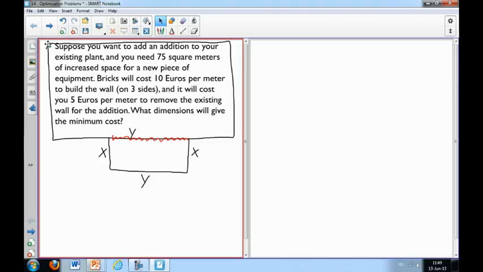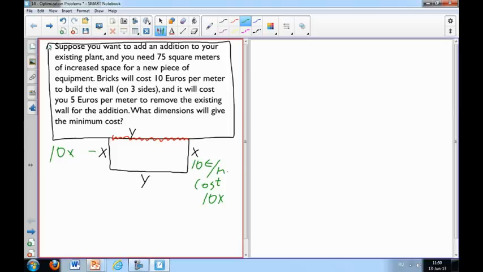Now, in order to minimize the cost, we use the information that we're given. The bricks will cost 10 euros per meter to build the wall on three sides. So we'd say on the sides where there's x, it's 10 euros per meter. Well, if it's x meters long, then the cost for this wall is going to be 10x euros. That's going to be the same thing over here, the cost will be 10x euros.